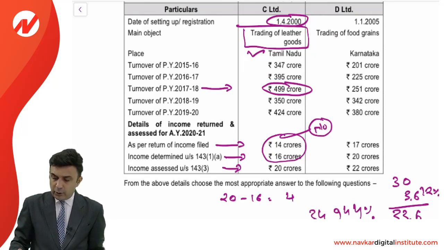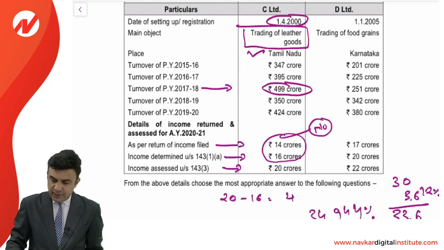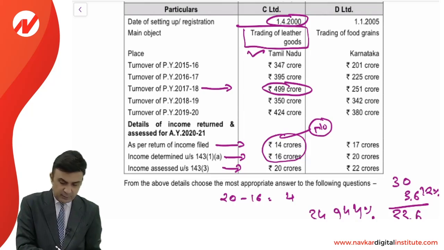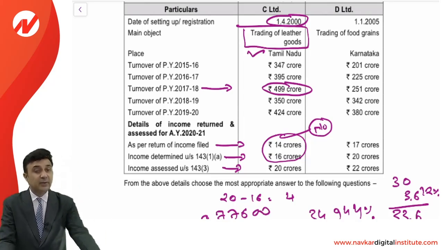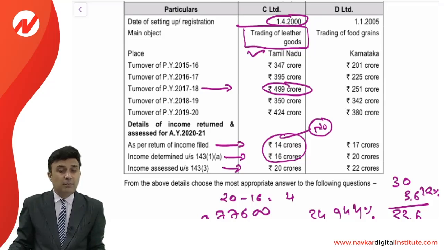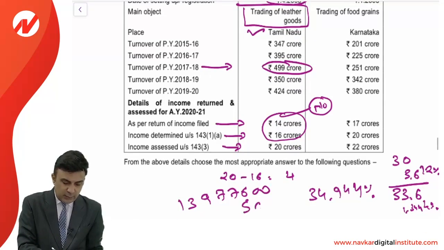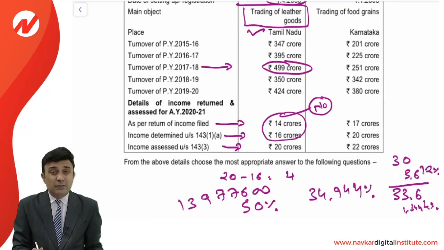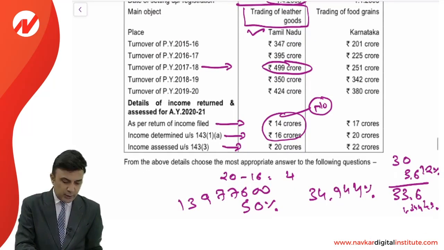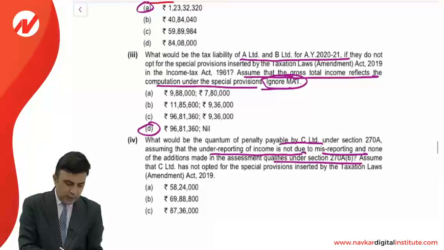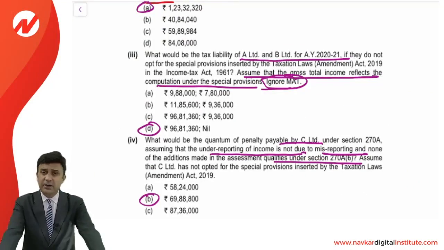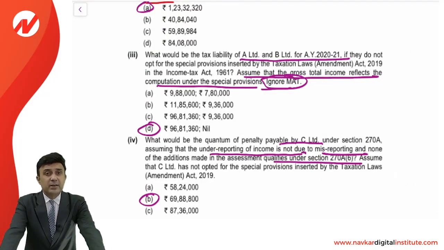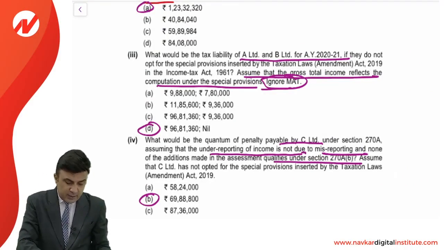Friends, on 4 crore, if I get my tax payable at 34.944%, it is giving me 1 crore 39,77,600. My penalty on the same will be at 50%. So my penalty will be 69,88,800. Let me check. Do I have the answer 69,88,800? Yes, 69,88,800 would be my penalty which would be leviable.